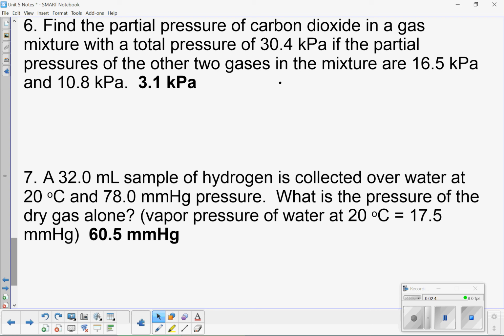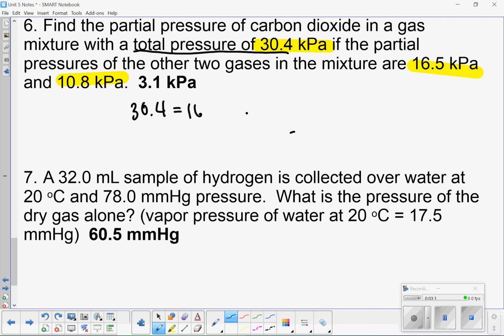All right, if you had trouble with number 6, find some numbers in there. I see this, this, and this. The question says I need to find the partial pressure. Again, that's not the total. The total is right here. I know that when I add it all up, I got 30.4. The numbers you added to get that were 16.5, 10.8, and then something else that we're looking for.